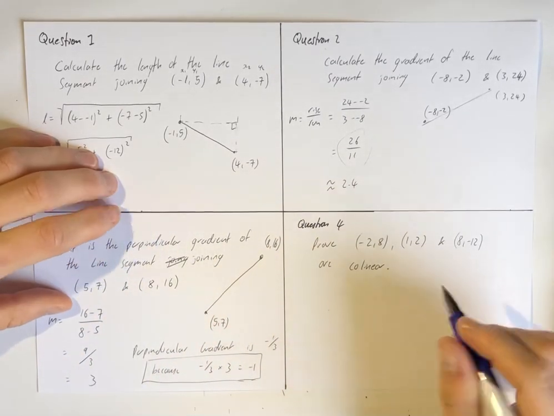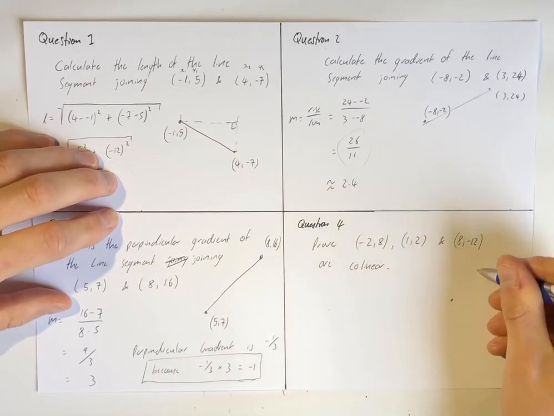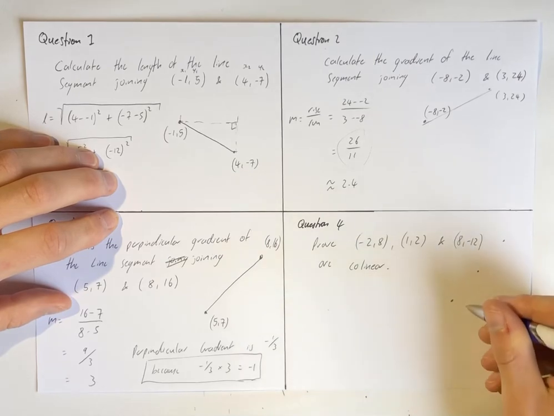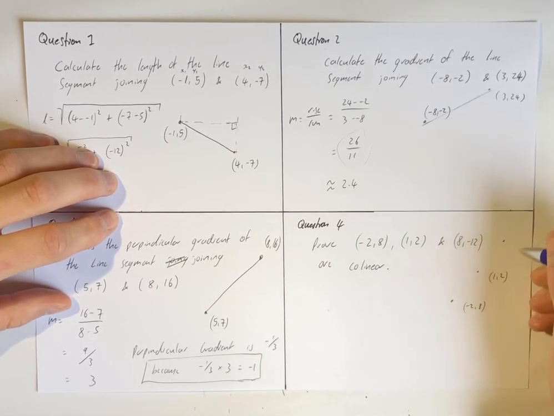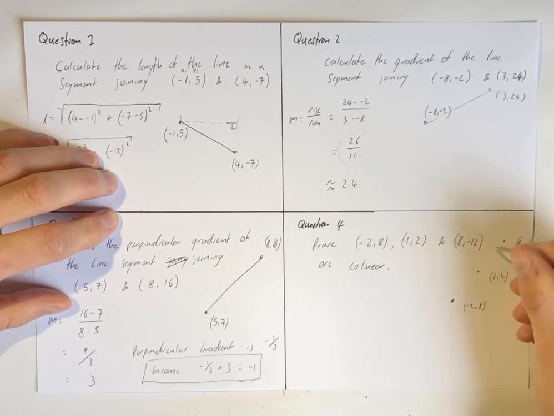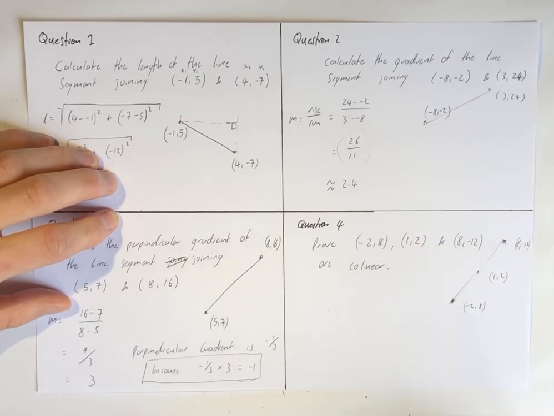Now we want to prove that these points are collinear. So I'm just going to sketch. They should be all in a line. So negative 2, 8, 1, 2, and 8, negative 12. Well, if the gradient from this point to this point is the same as the gradient from this point to this point, then we are collinear.